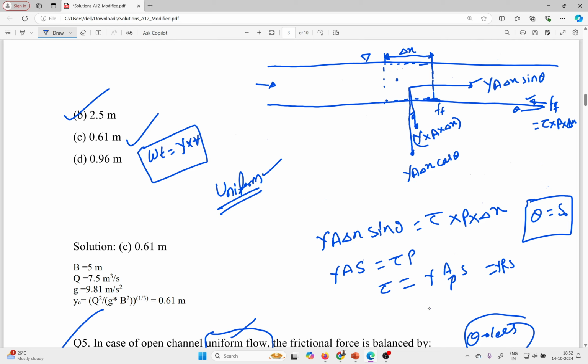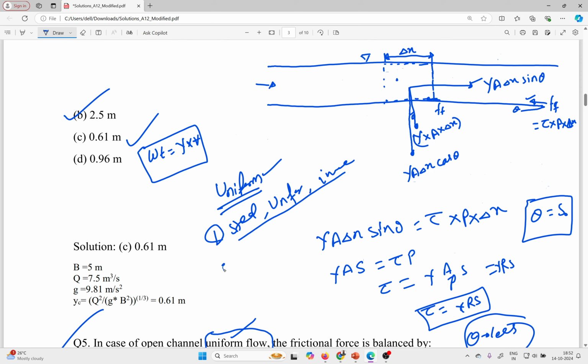This is a very well known equation, but this equation has lots of assumptions. First is steady flow, uniform flow, incompressible flow. So you need to consider these three things. Now the shear stress acts only due to the side as well as the bed. This is another assumption, and theta is very small. This is another assumption.